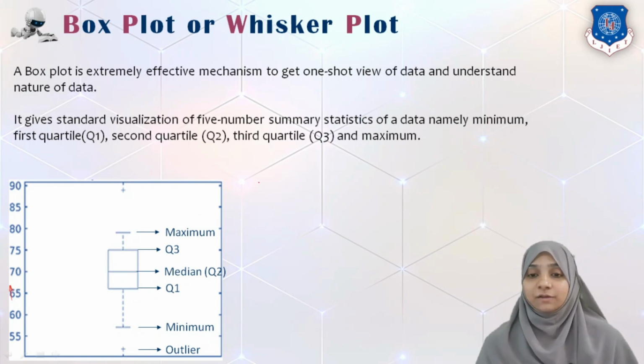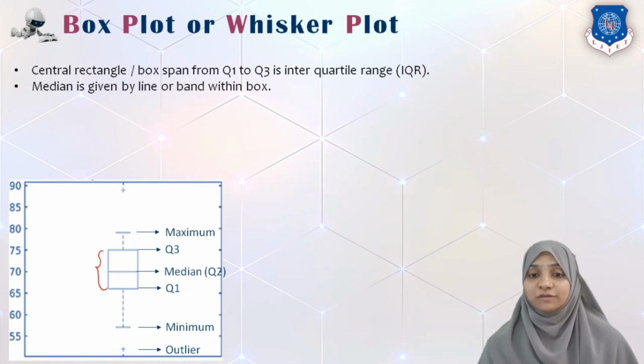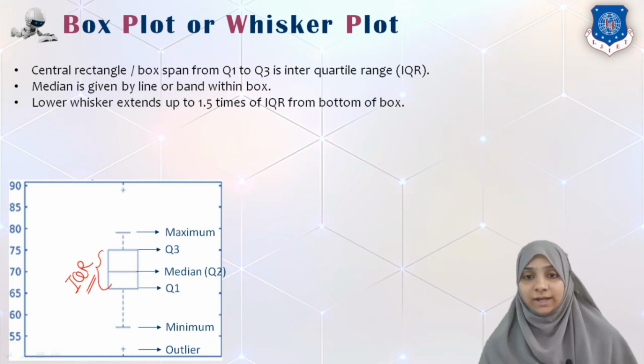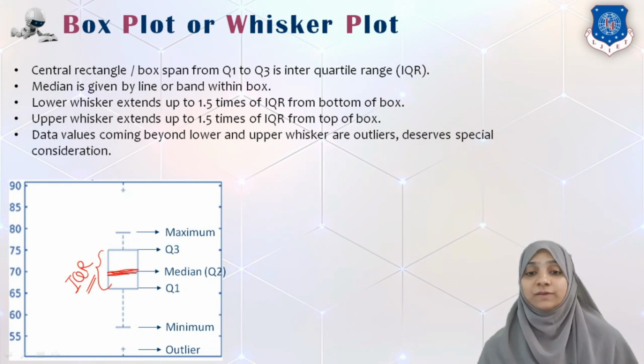Let us start. For any data set, we can have minimum, maximum, quartile 1, quartile 2 and quartile 3 values. Say, we need to make this box size. This is called the IQR, interquartile range. It is shown with the help of a rectangle, and the median is shown with a thick line in the middle of that rectangle.